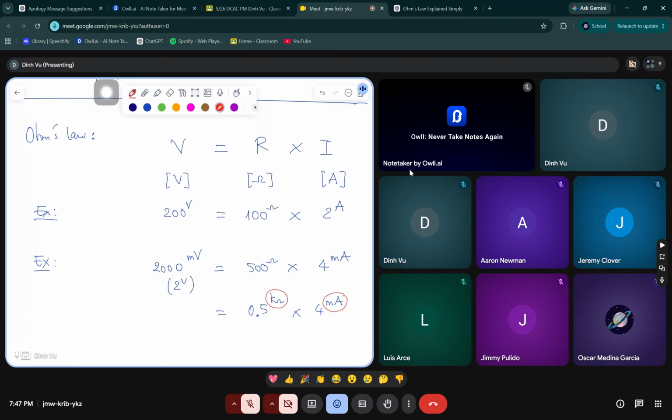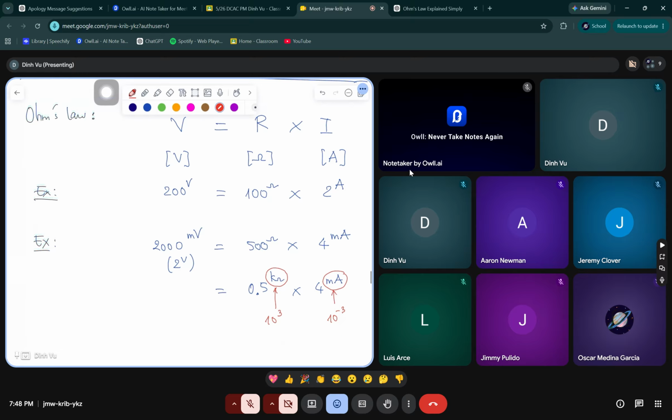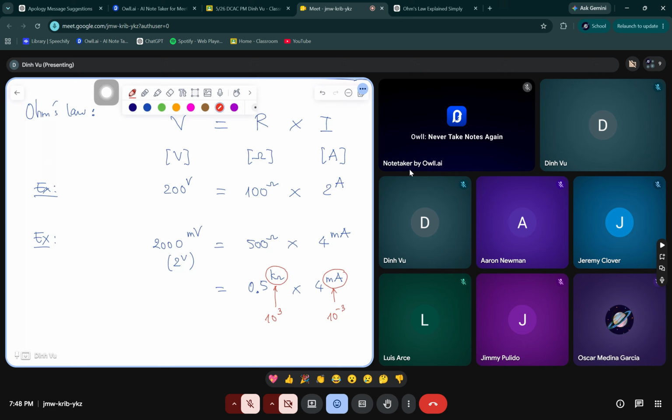Kilo is 1,000 times larger, this is 10 power 3. Milli, 1,000 times smaller, this is 10 power negative 3. Then, if you multiply them, 10 power 3 and 10 power negative 3 will cancel each other.